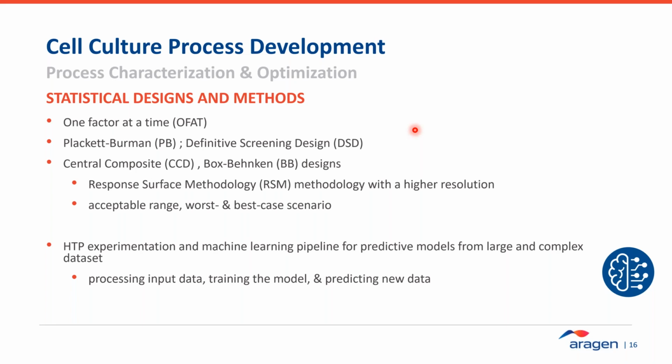For instance, we can use CCD, or central composite design, a common design of response surface methodology, to determine acceptable range as well as worst and best case scenarios for our process. Combination of high throughput experimentation and machine learning can also be employed when we are dealing with large and complex data sets. Speaking of high throughput, let's take a closer look at it.